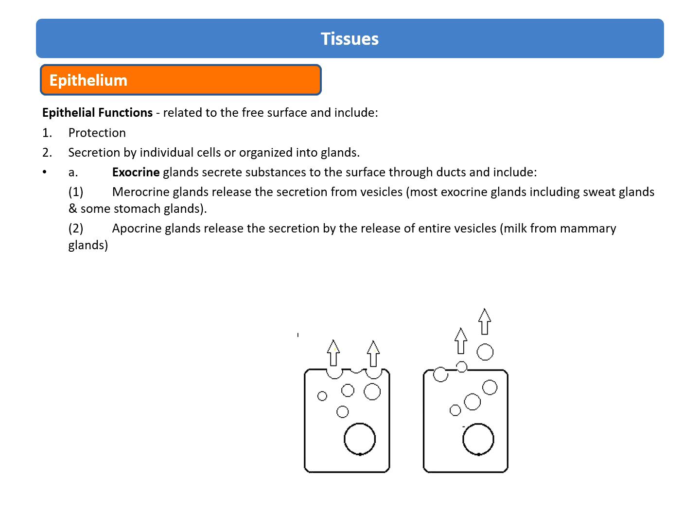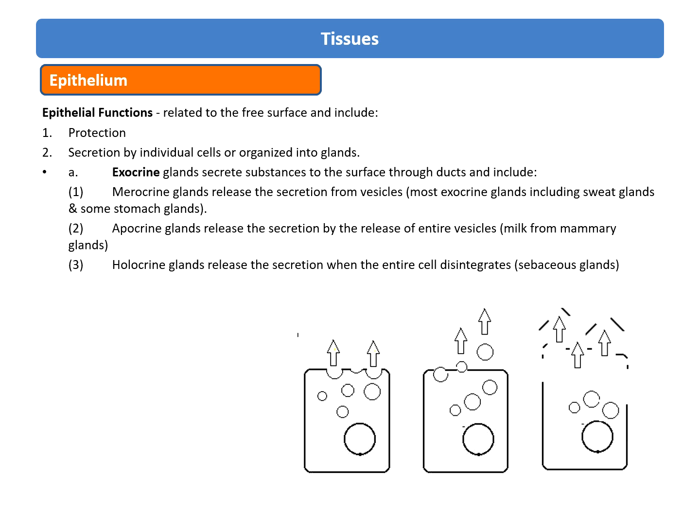Apocrine glands, which release the secretion by the release of the entire vesicle, for example, milk from the mammary glands. And holocrine glands that release the secretion when the entire cell disintegrates, for example, sebaceous glands.